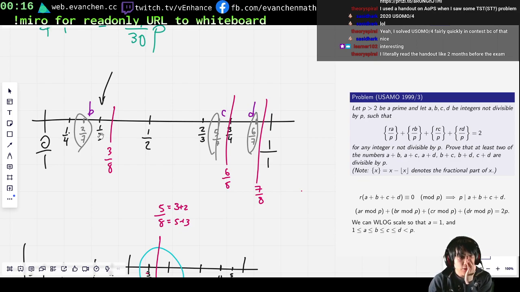Because the USAMO 1999 problem here is equivalent to saying I keep splitting and B and C can make a choice where they either go left or right, and two of them have to go right, one of them has to go left. And the goal is to show D always goes right.